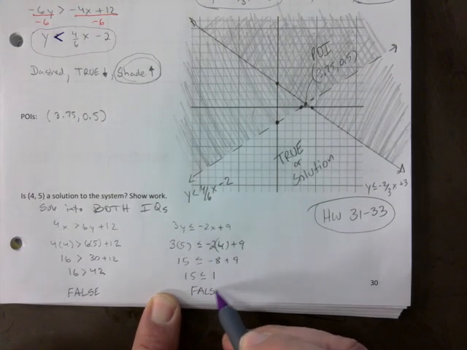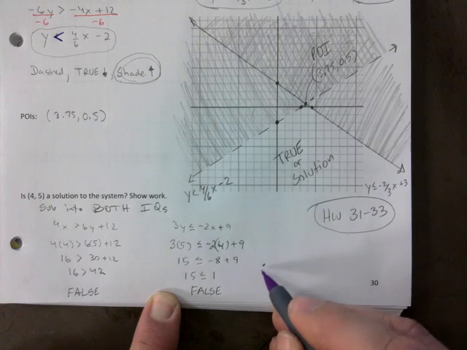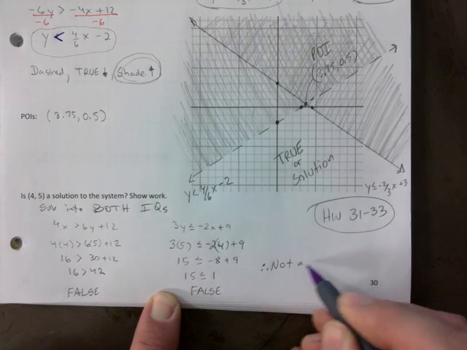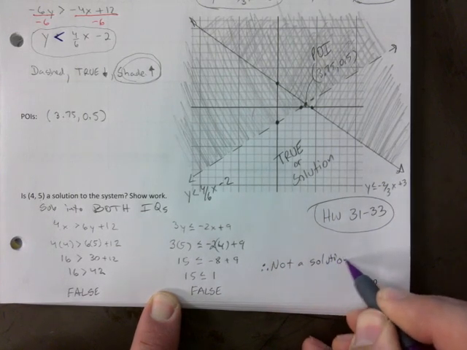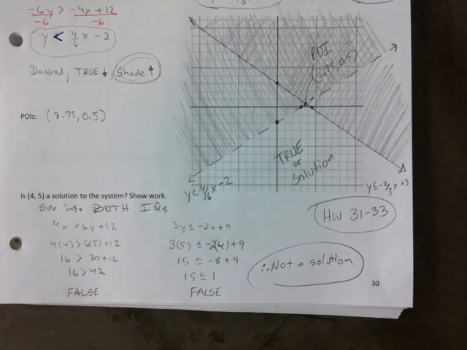Also false. Therefore, not a solution. I think you're done anyways, but just remember, if one of them is false, done deal. It's not a solution, right?